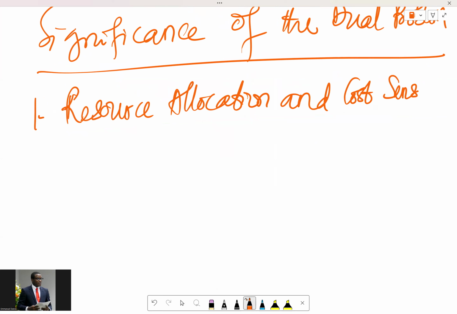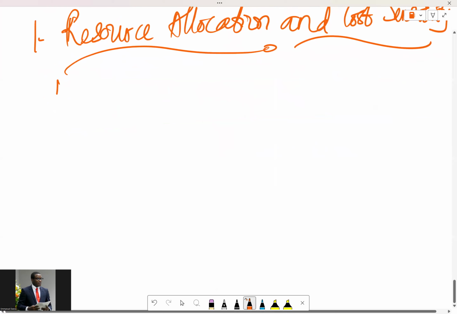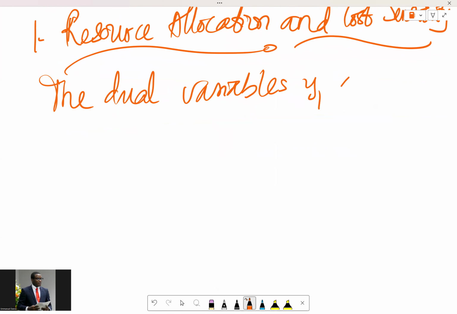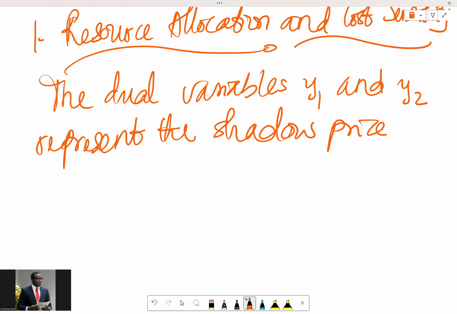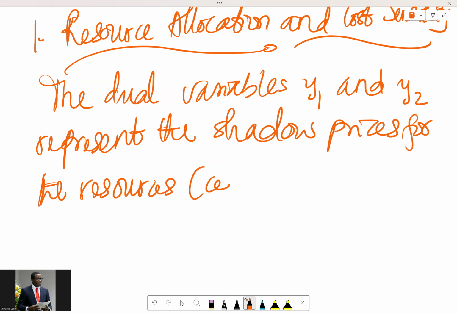The dual variables y1 and y2 actually represent the shadow prices for the resources, and the resources actually represent the constraints, right?